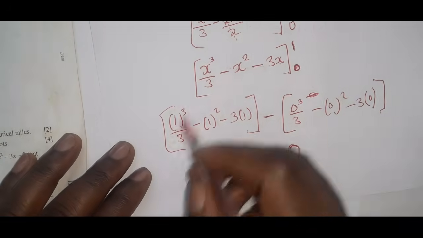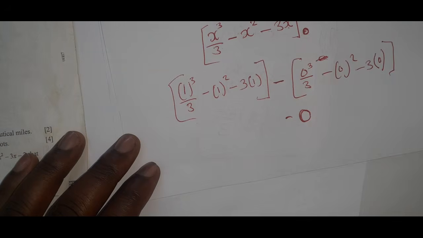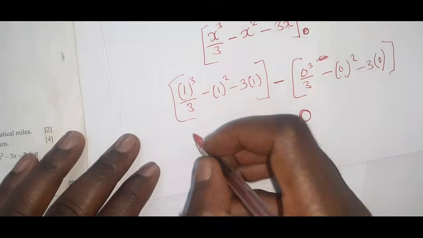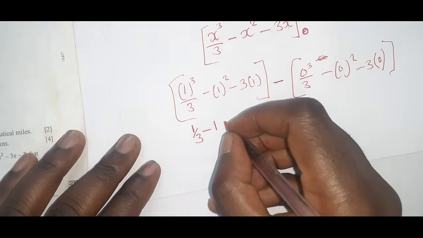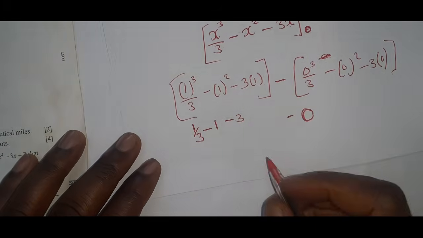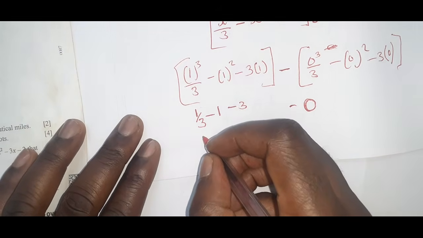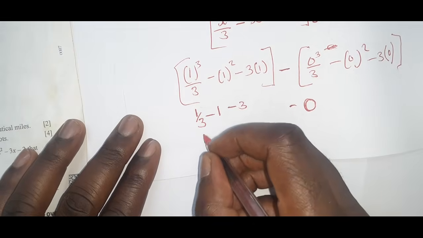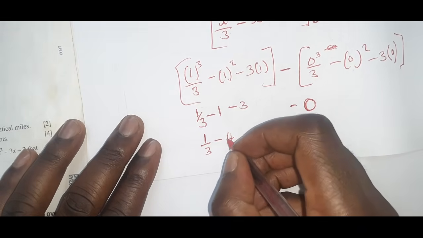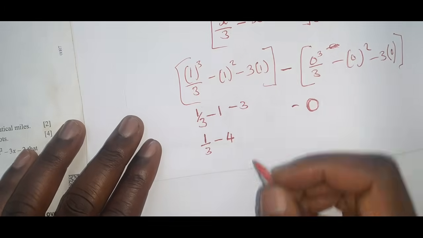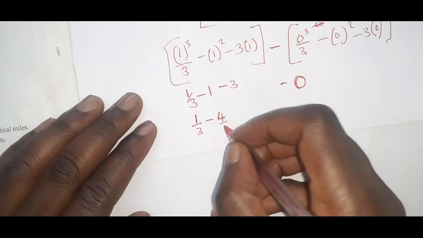So we'll just concentrate on this part here. So this will give us 1 over 3 minus 1 minus 3. We can also further say this is the same as 1 over 3 minus 4.